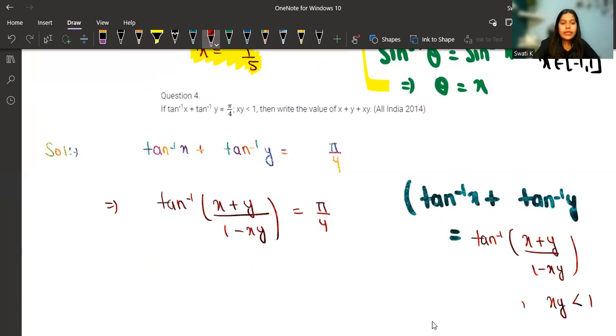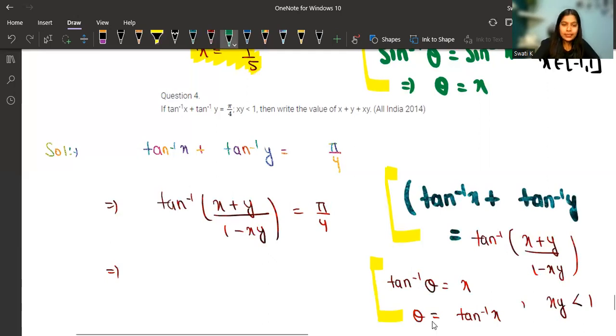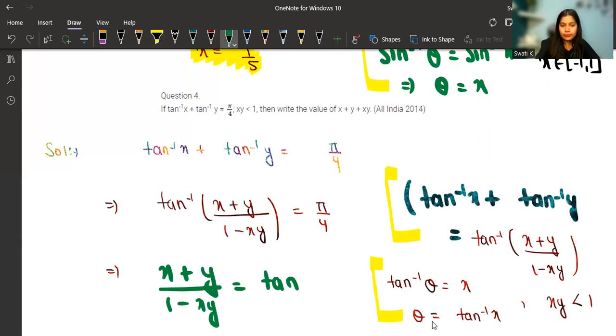Now the next step is very simple. Again, using one formula, that if we have tan inverse theta equals x, then we can write down this as theta equals tan inverse x. So using this formula, I can write down this as x plus y upon 1 minus xy equals tan pi by 4, right?